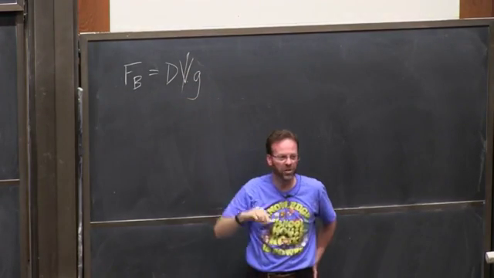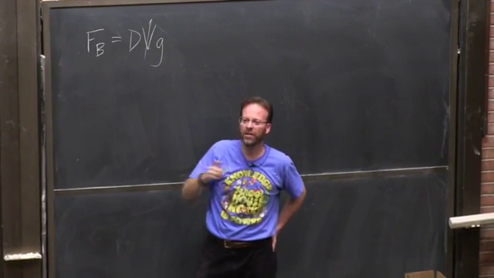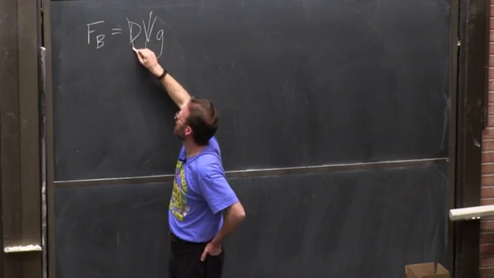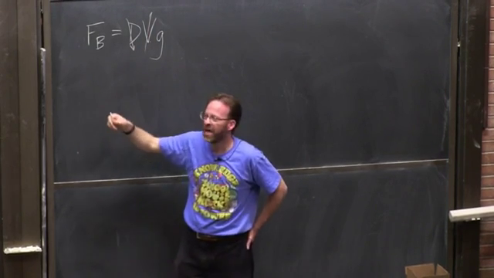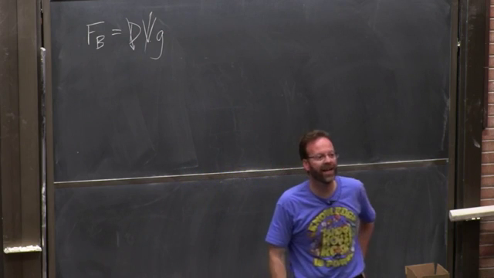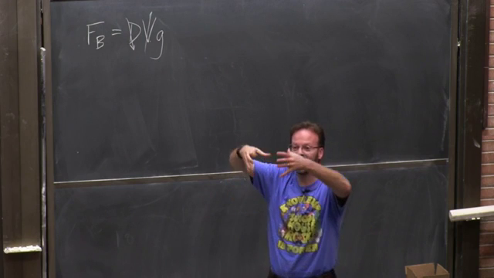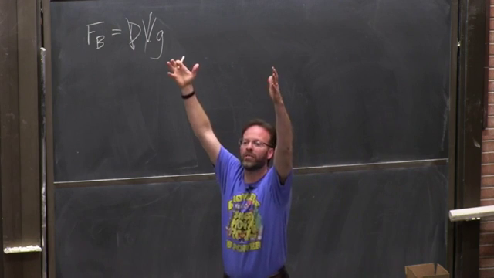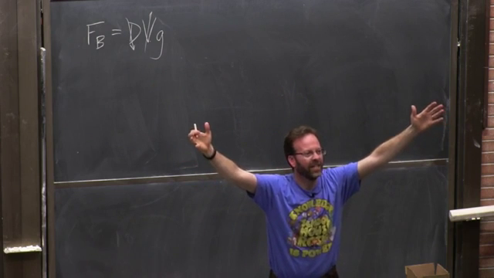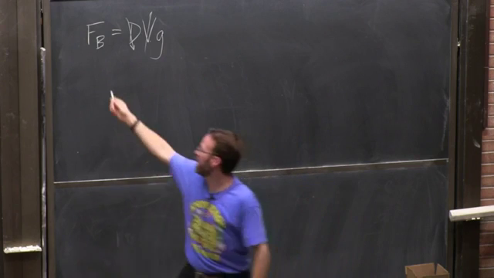The balloon tries to expand. But the density decreases because there's less air up there. So that goes down. And at some point, they balance, and the balloon no longer goes any higher. So we watch it, and it goes up and up and up, and gets bigger and bigger. But at some point, if it hasn't popped yet, it hovers and becomes neutrally buoyant because this balances its weight.